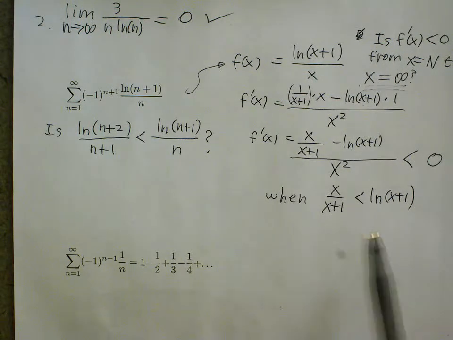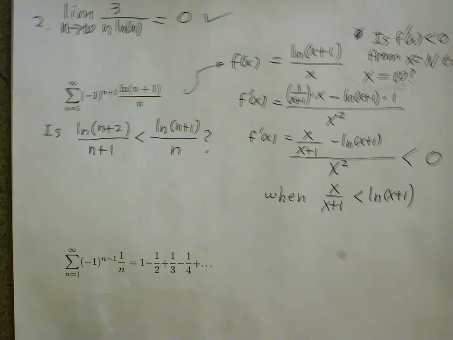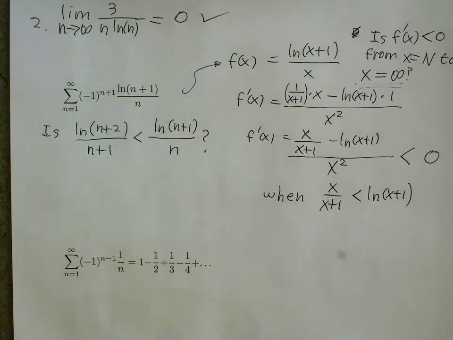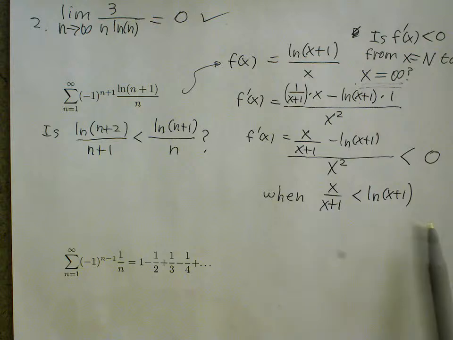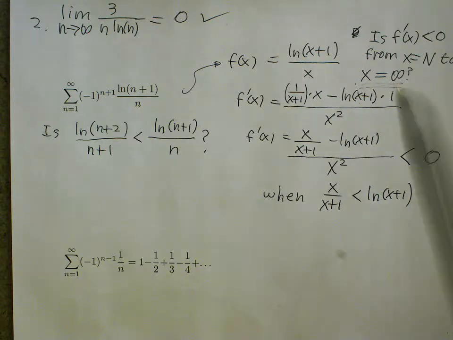But what can you say about x divided by (x plus 1) for values of x greater than 0? x over (x plus 1) is always less than 1. So as soon as the natural log of (x plus 1) is at least 1, then we know that it's greater than x over (x plus 1), and the derivative will be negative at that point.